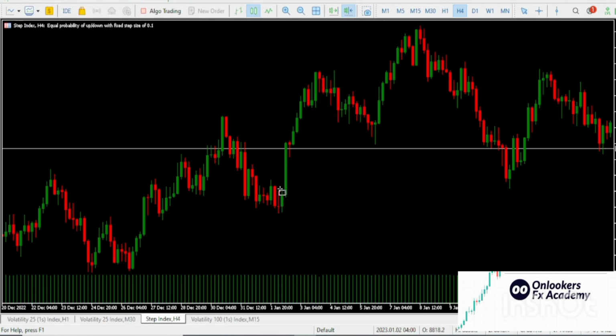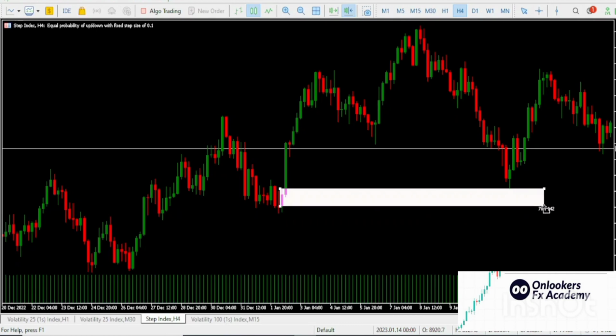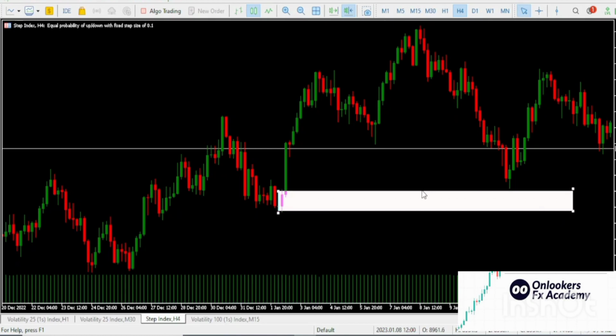Now there is this candlestick at the bottom. Now this candlestick at the bottom is what you are going to select as your order block. How do you select it? From wick to wick.